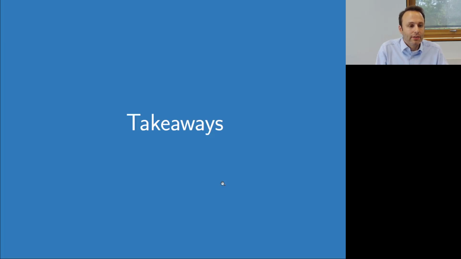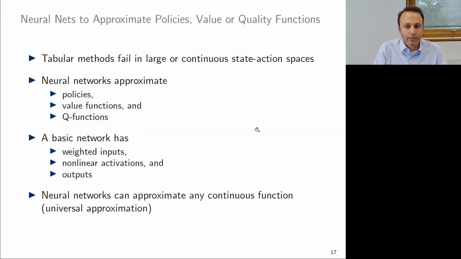So here are some references, and let's just summarize what neural networks can do. They help us to deal with large state and action spaces, especially continuous state and action spaces. How do they do that? They help us to approximate policies, value functions, and Q functions by, for example, taking features of states to find those patterns and predict the Q values for those states and action values.